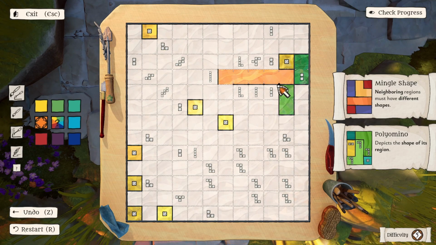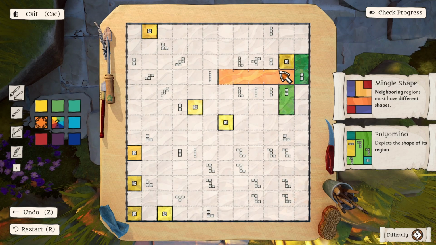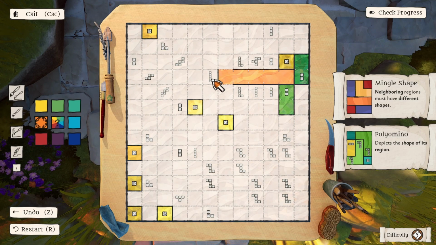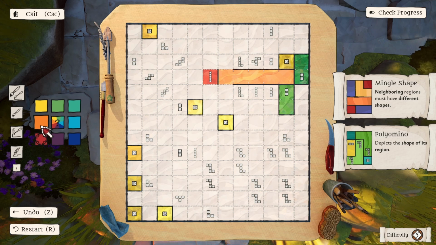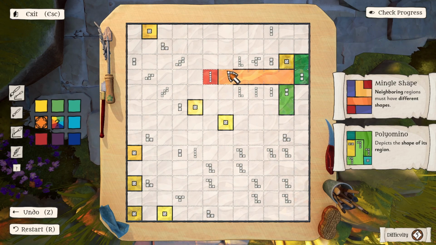But it's not done yet because it has to not be this. Whatever this is, it's going to have to bend one way or the other. I don't know which, so that it's not a 1 by 5.